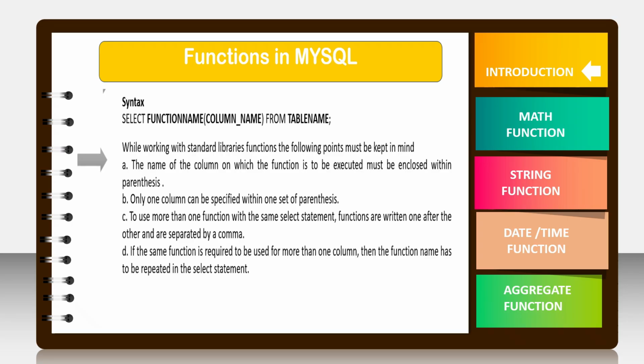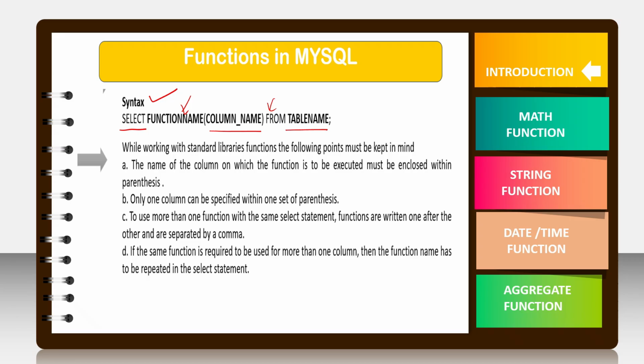Here you can see the general syntax of a function. This syntax means first you have to write the select keyword, then the function name. This function name varies with the type of function, and then you have to write a column name on which you want to apply this function. FROM is a keyword, and then the table name. If you are using a table, then you can follow this syntax.